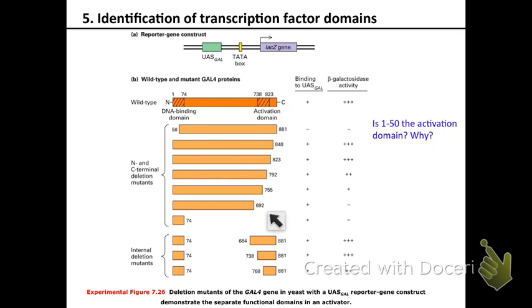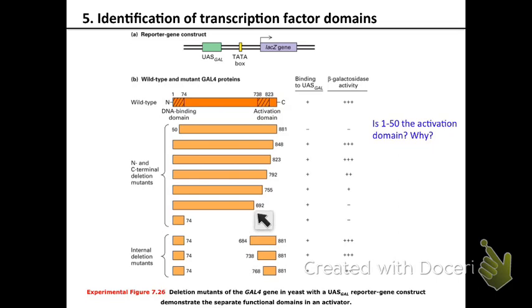By the time you come to 692, you no longer have any activation, right? So from this, what can I conclude? I can conclude that the activation domain is somewhere between 692 and 823, from the experiments up to this point.